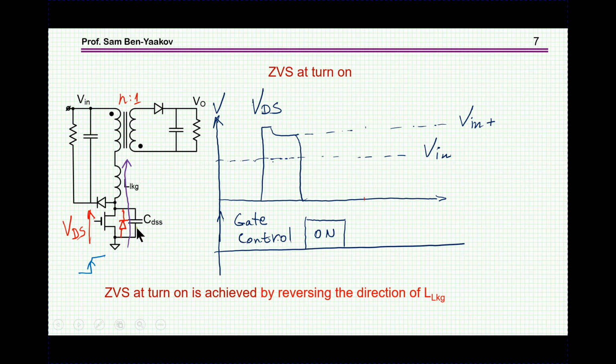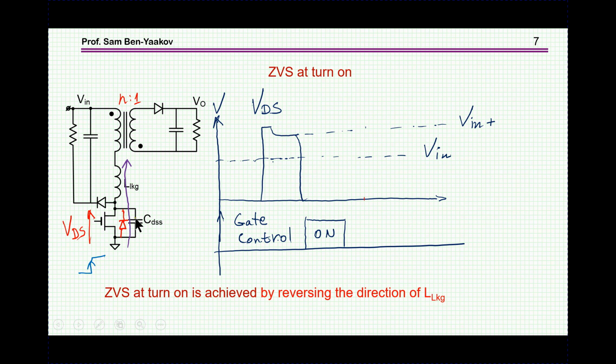The concept is that if we can somehow reverse the current here, then the built-in diode of the transistor will start conducting. Once this diode is conducting, we can turn on the transistor at zero voltage switching. So here it is. By some external source, you might say, this voltage goes down until the diode conducts.